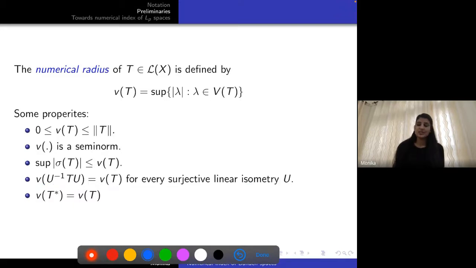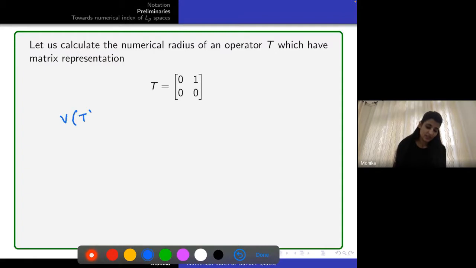Okay. So let's compute the numerical radius of the operator we talked about before, [0, 1; 1, 0]. So we know the numerical range already. It was x1 times the square root of 1 minus x1 squared, where x1 belongs to [0, 1].